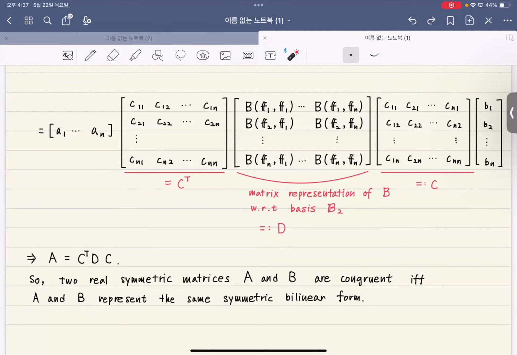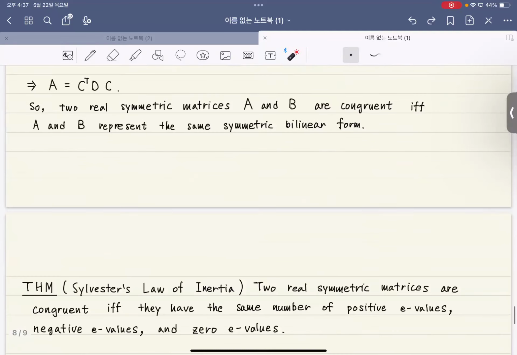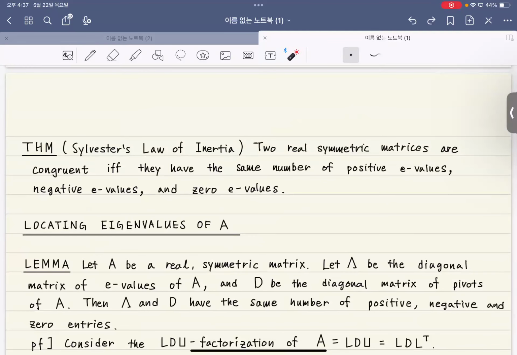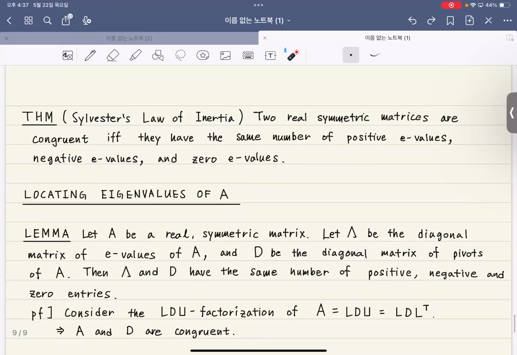Actually, we have a very nice and beautiful answer to that question, which is called Sylvester's law of inertia. Let me try to read this. Two real symmetric matrices are congruent if and only if they have the same number of positive eigenvalues, negative eigenvalues and zero eigenvalues.